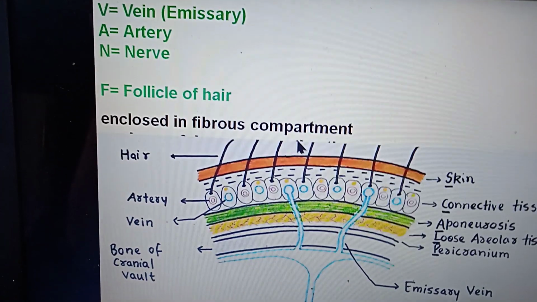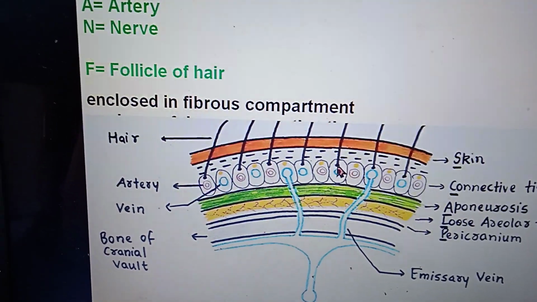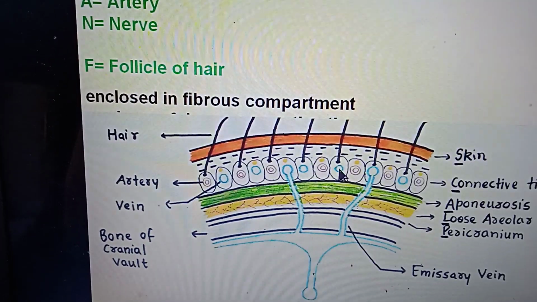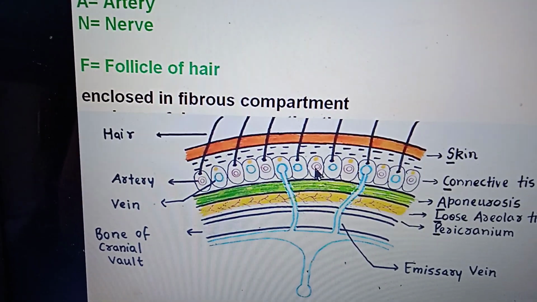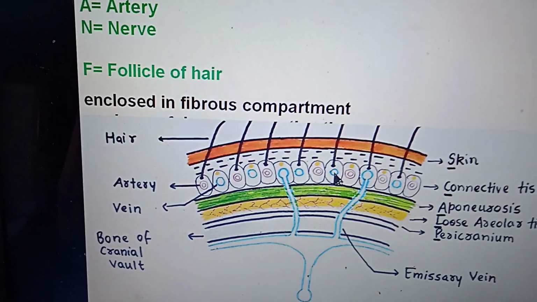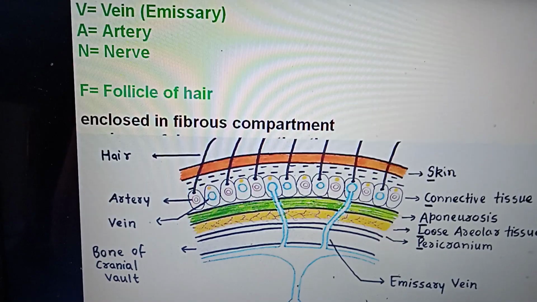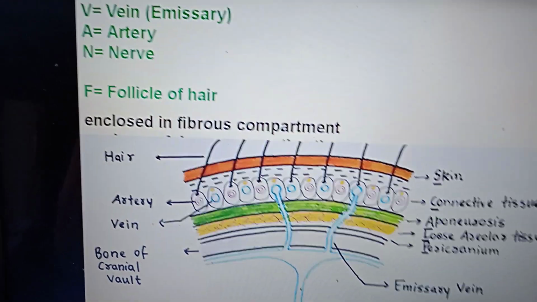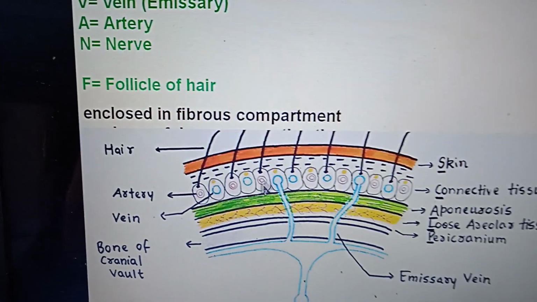Enclosed in the fibrous compartment, and these fibrous compartments through many trabeculae distend the artery and vein so that it remains open all the time. These trabeculae tend to stretch the lumen.